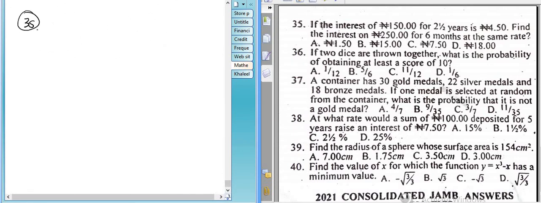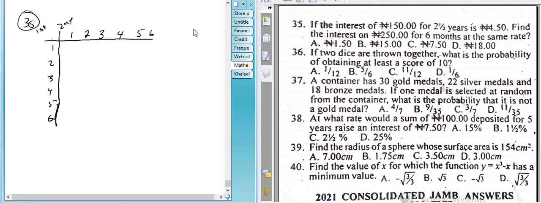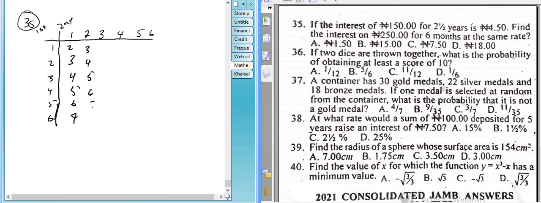So question number 36 says, if two dice are thrown together, what is the probability of obtaining at least a score of 10? When you sum the two dice, 1 plus 1 is 2, 1 plus 2 is 3, keep increasing 4, 5, 6, 7.